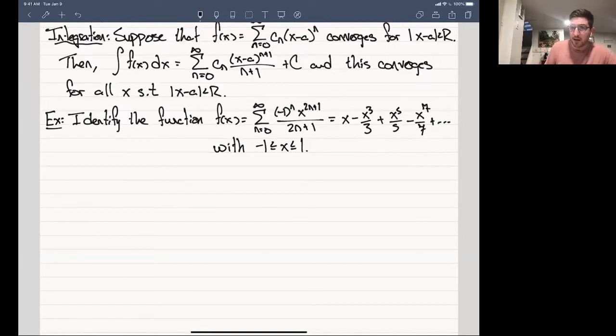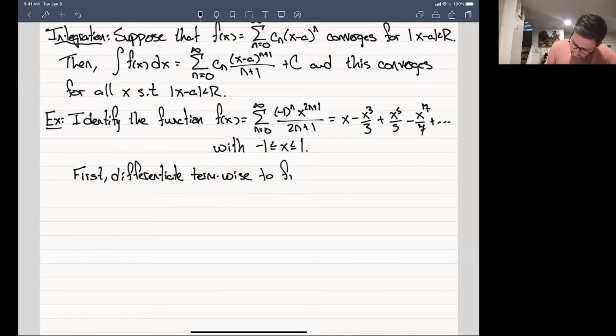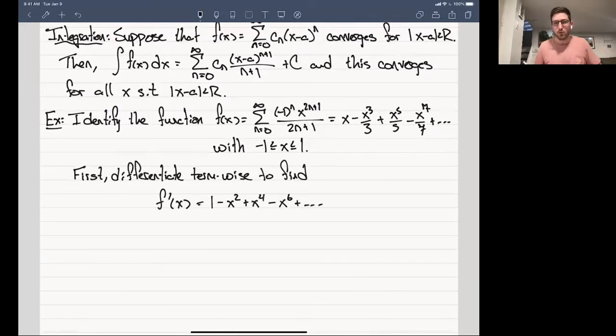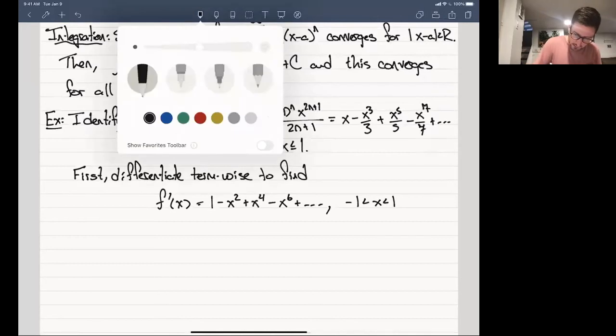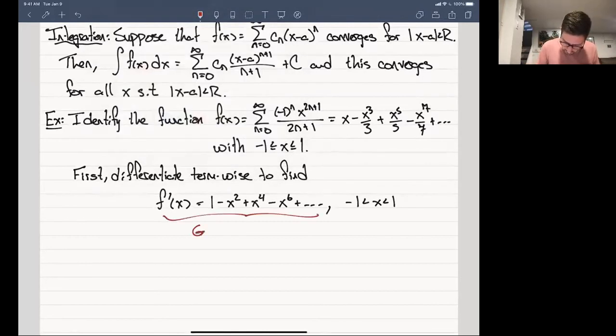Well, first, let's take a derivative. So let's differentiate term-wise to find f prime of x, which is equal to 1 minus x squared plus x to the 4 minus x to the 6, and so on and so forth, where minus 1 is less than x, which is less than 1. Okay. This is just a geometric series, right?